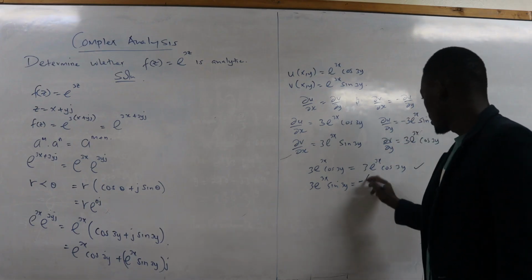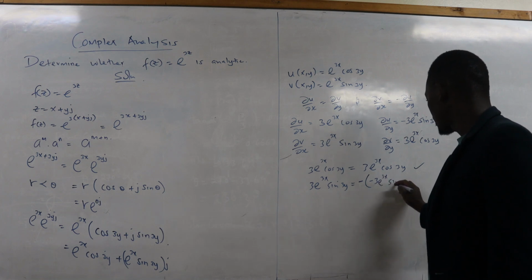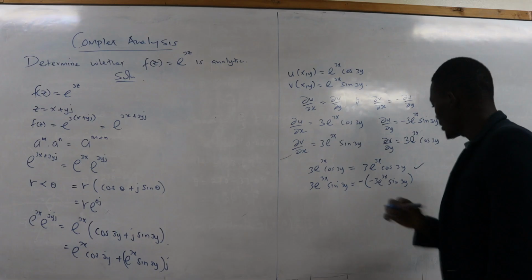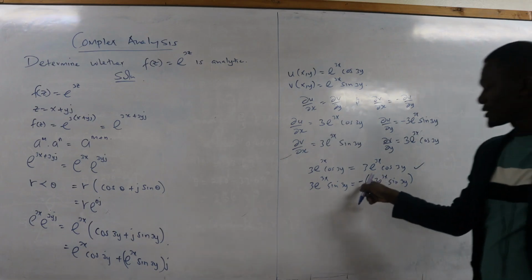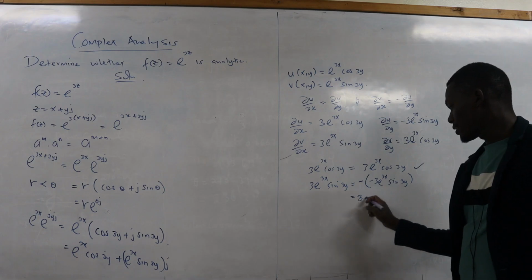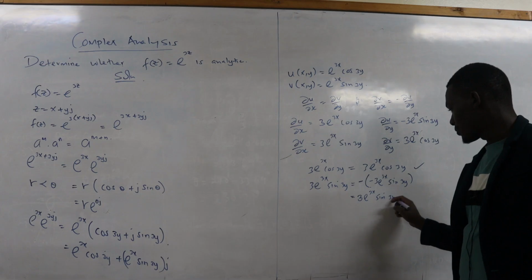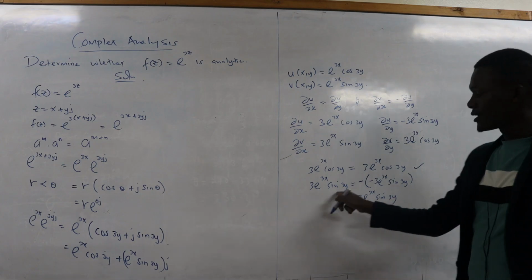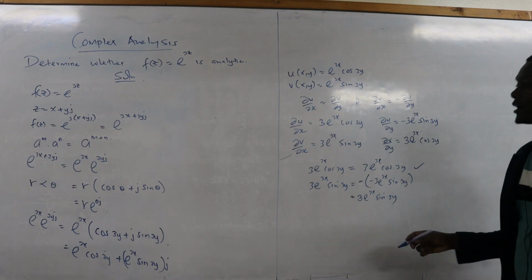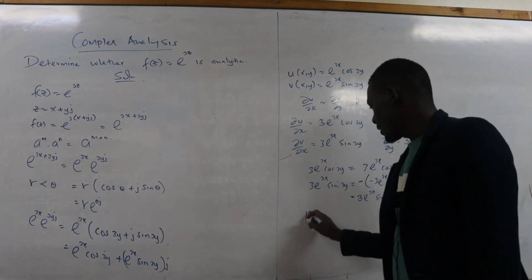Du dy is negative 3 exponent 3x sine of 3y. A negative multiplied by a negative gives you a positive. So we have 3 exponent 3x sine of 3y, which is the same as the left hand side. Therefore your two conditions have been met.